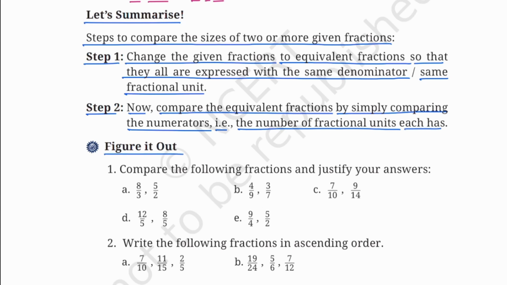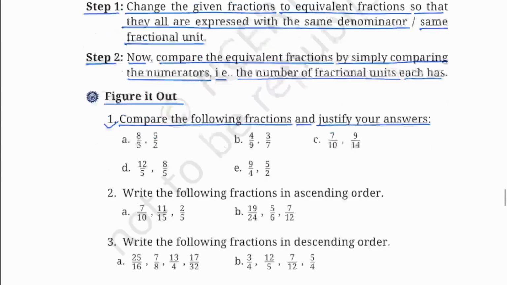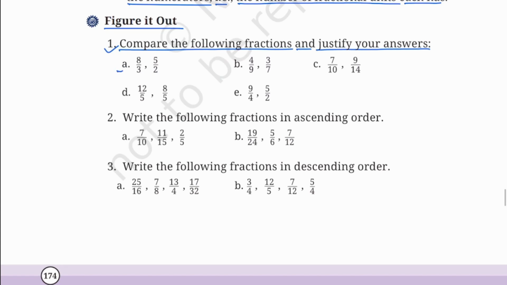Figure it out. 1. Compare the following fractions and justify your answers. A. 8 upon 3 and 5 upon 2. Common multiple of 3 and 2 is 6. Just multiply by 3.